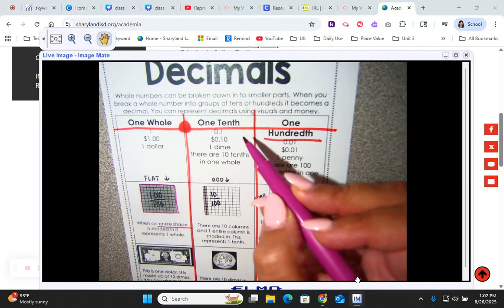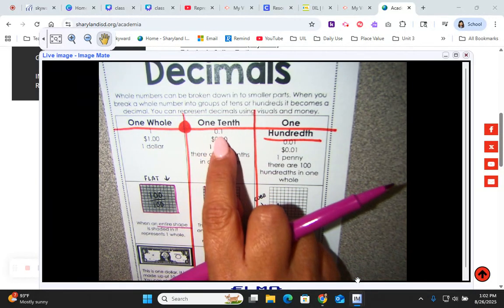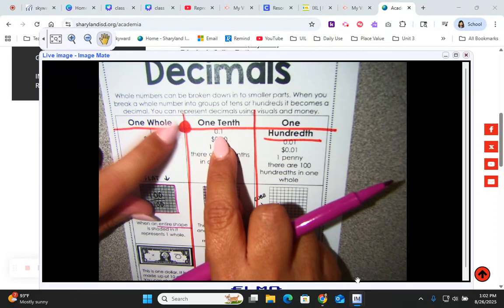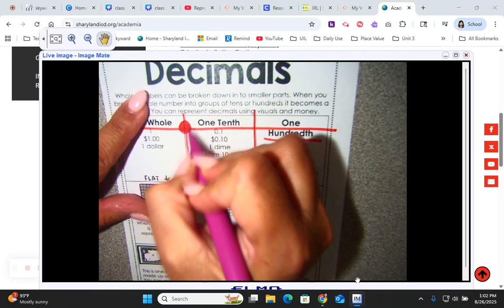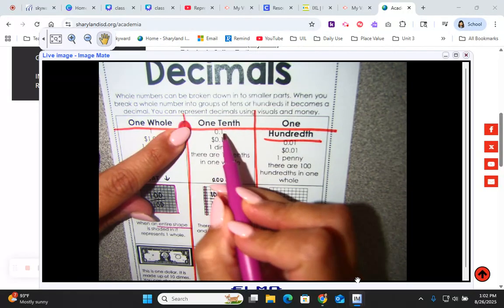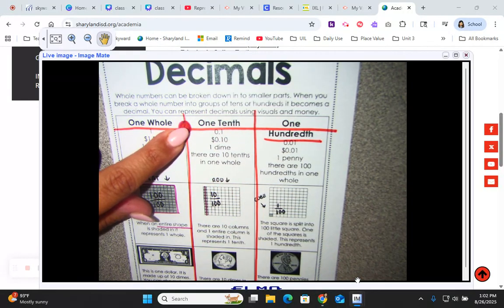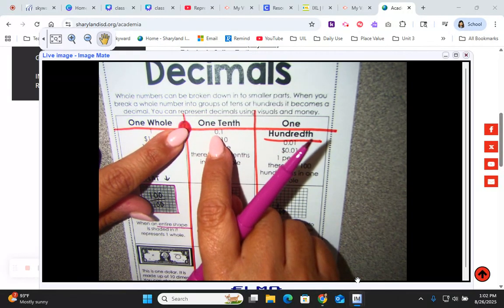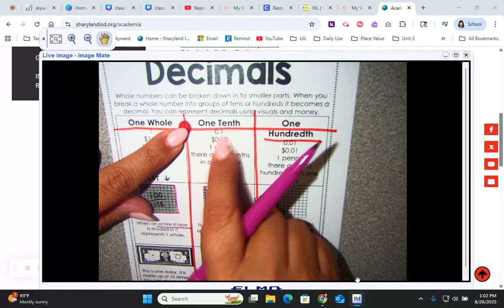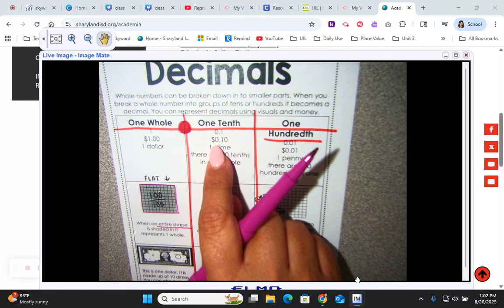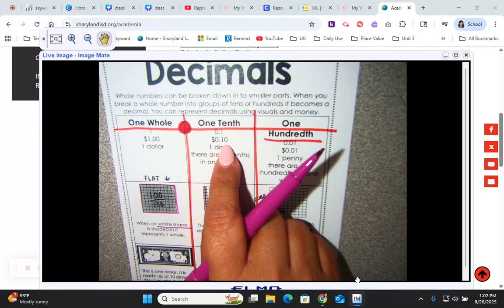A tenth can be written as 0.1. This is our imaginary decimal that we just put in right here. And the tenth is right next to the decimal. So I don't have a dollar, but I have 1/10. With money, it can be written with a dollar sign as $0.10.